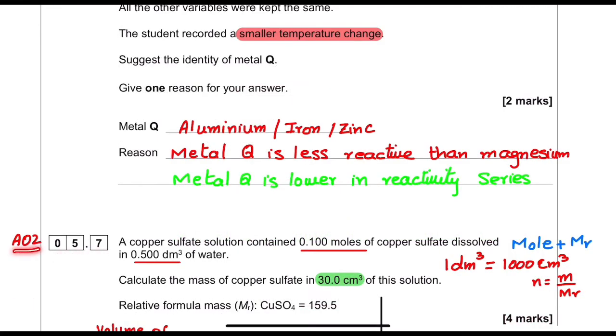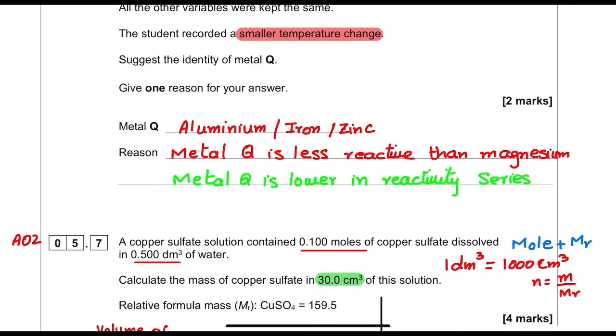5.7 is an AO2 question. The student needs to apply the knowledge from the topic of moles and Mr, relative formula mass. A copper sulfate solution contains 0.1 mole of copper sulfate dissolved in 0.5 dm cube of water.